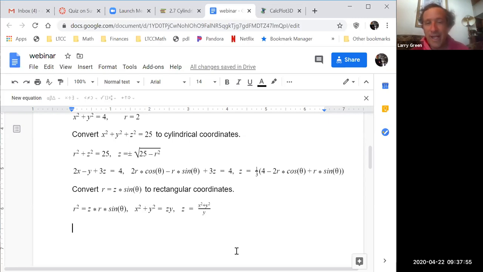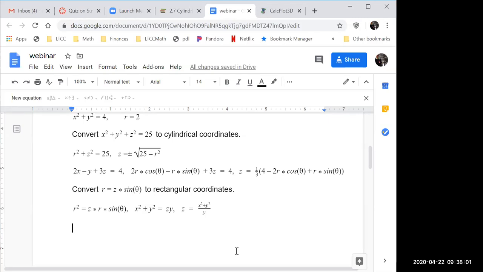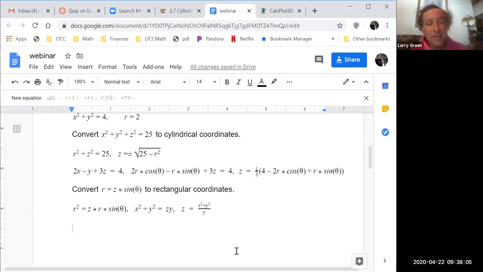Who knows the Greek letter associated with the letter R? Rho. Exactly, rho. So the letter we're going to use for the distance from the origin is rho. Let me write that down. Let's go to insert equation, and we're going to define.